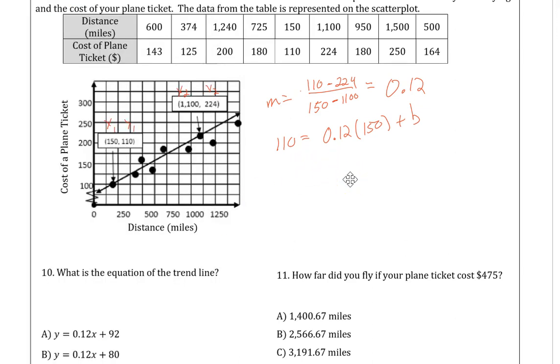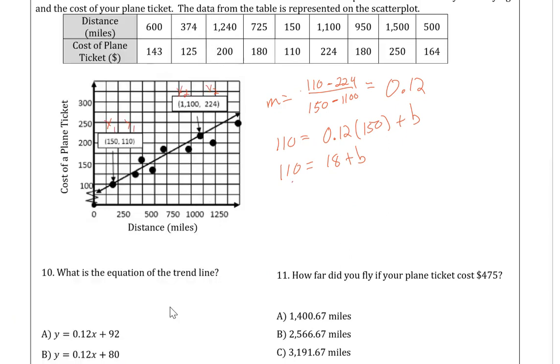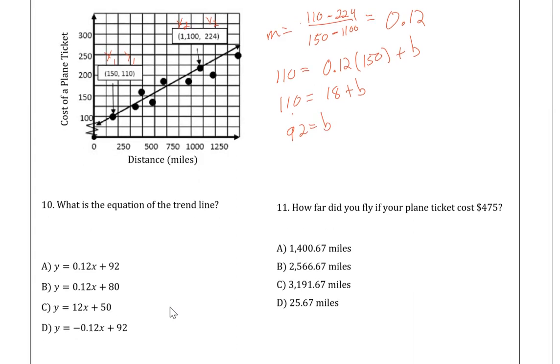I get 18. I subtract that, so 110 minus 18 gives me 92. So 92 is equal to B. So my equation here would be choice A.